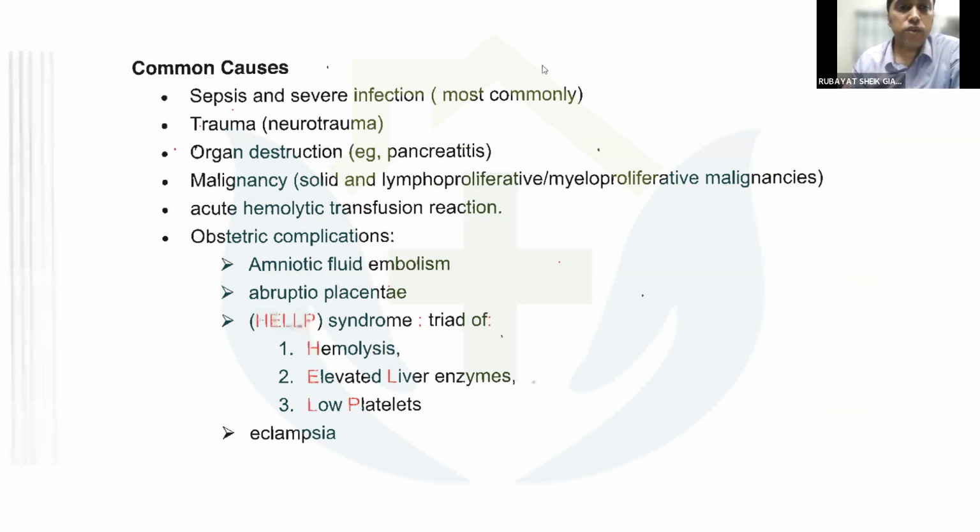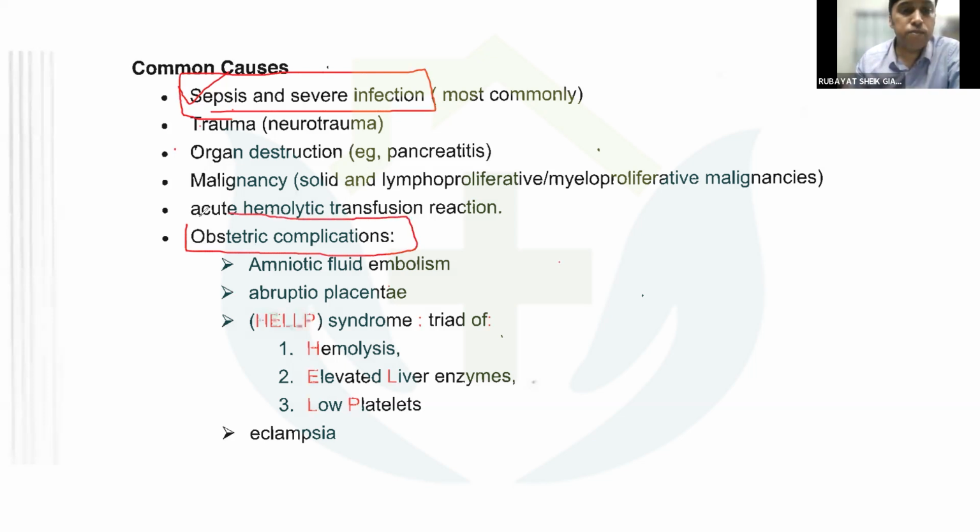So these are the important causes that trigger DIC. Most important is sepsis or any severe infection. Okay. And in your MRCP exams, this is another angle of putting a DIC case.